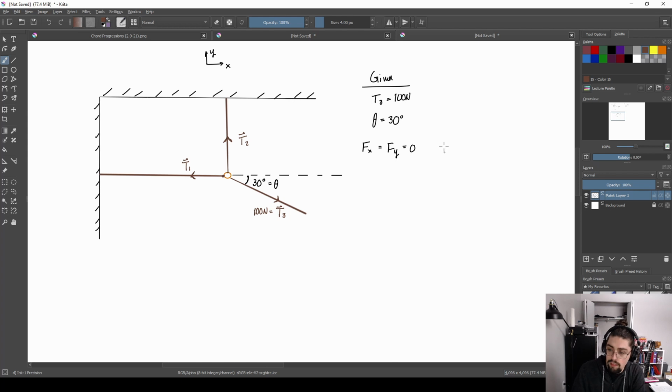So, with this in mind, I'm going to make my life a little bit easier here, and I'm going to split up my third tension into its x and y components. This one is a standard one.